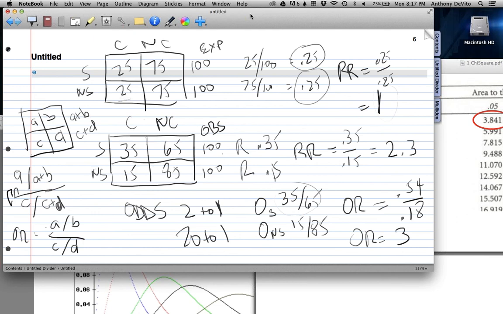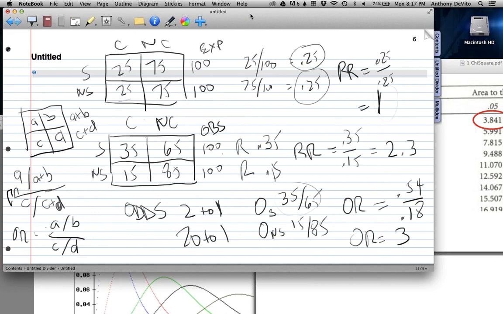Let's say I told you that the confidence interval for the relative risk, in this case it was 2.3, was a relative risk. What if I told you that the 95% confidence interval for the relative risk of 2.3 is 0.8 to 4.2? Would you reject the null hypothesis? Yes or no? How many of you think yes?